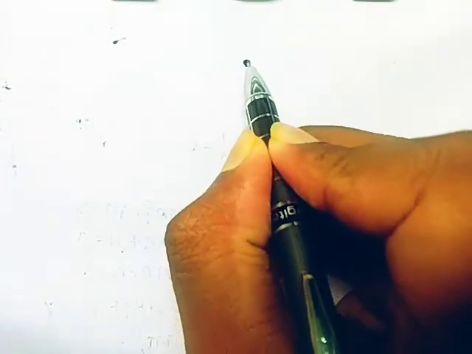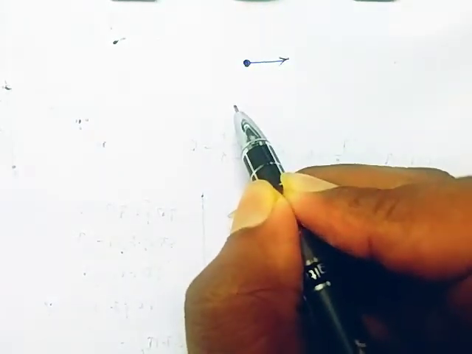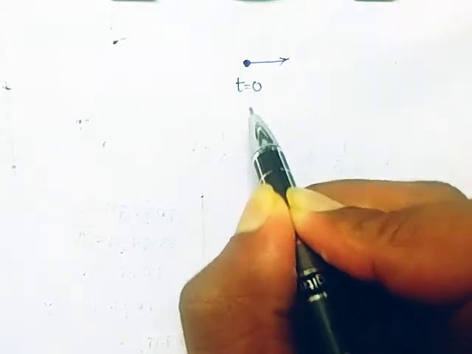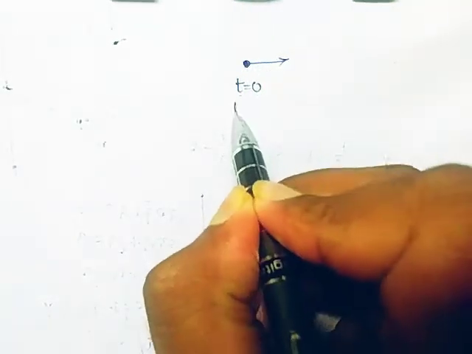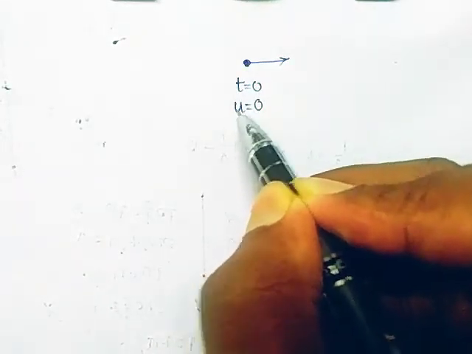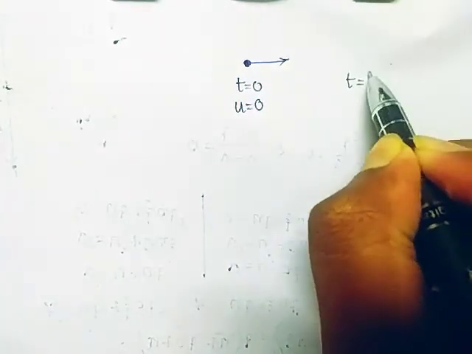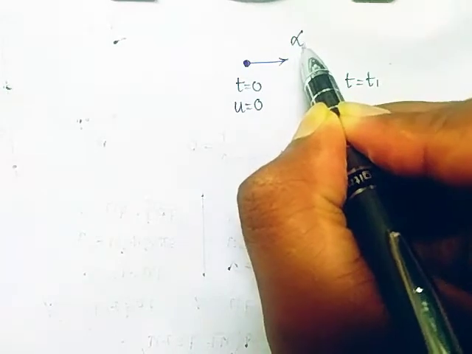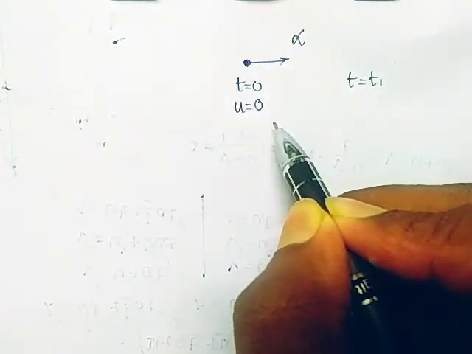So let us consider a particle or a point mass moving along a straight line. At t equal to 0, its velocity we consider is 0. That is, it is starting from rest. After that, up to t equal to t1, we consider it is accelerated with a constant acceleration.